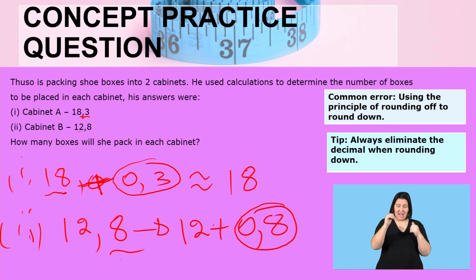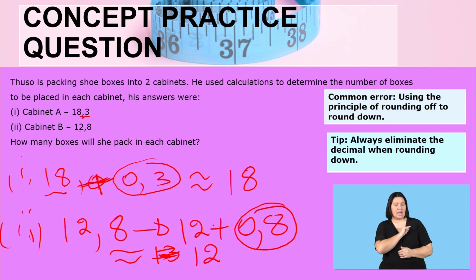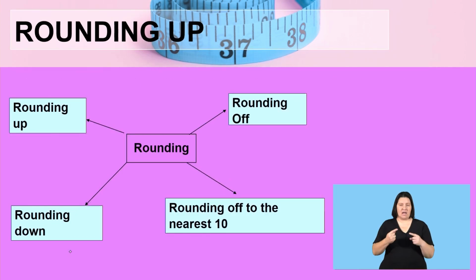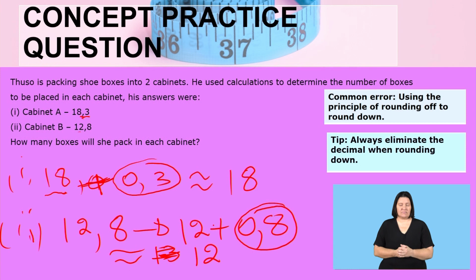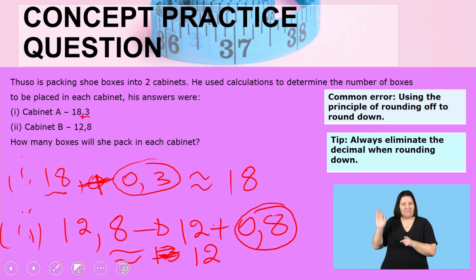We only have 12 boxes that will fit there because the 13th one will not fit. So this is rounding down. Basically, when you round down, you just leave out the decimal. That is the basic principle.